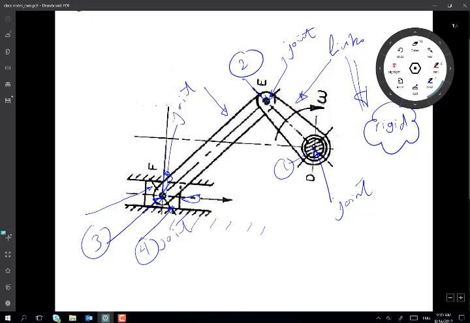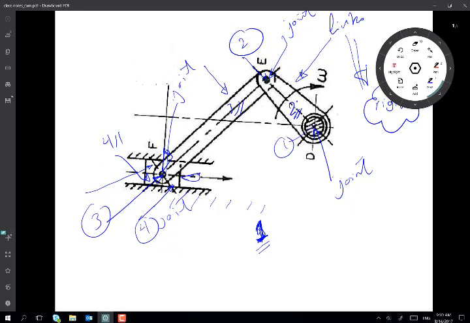The four links are: the ground, which I'm going to reserve as link number one, then this link number two, link number three, and the slider is link number four. So in this linkage I have four links and four joints as well.